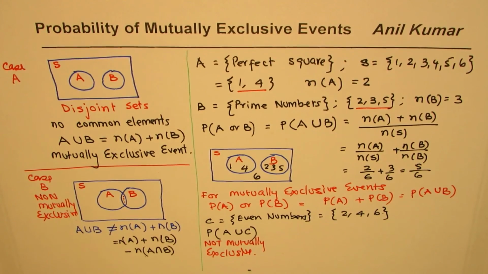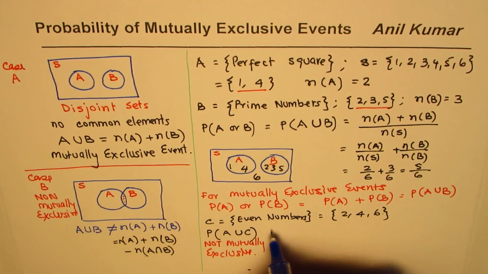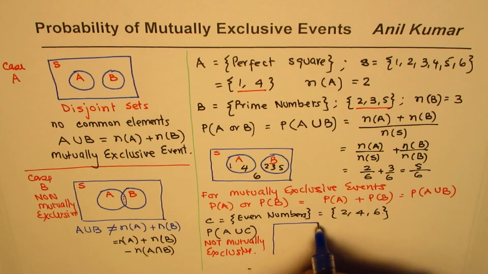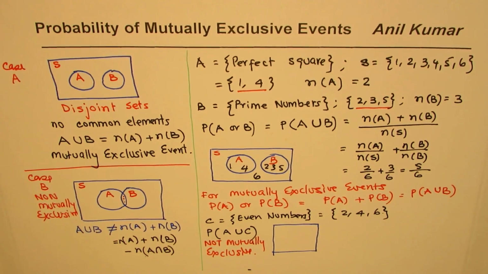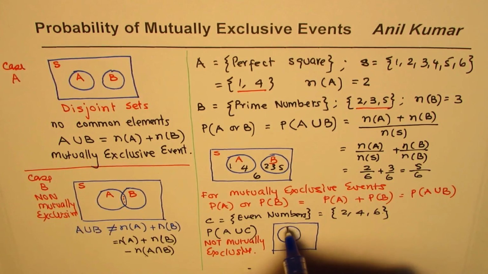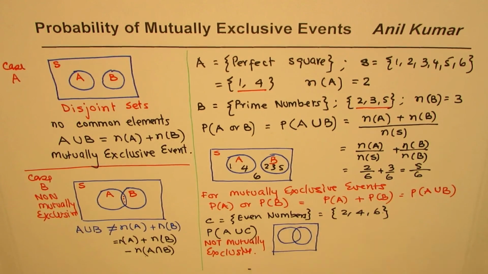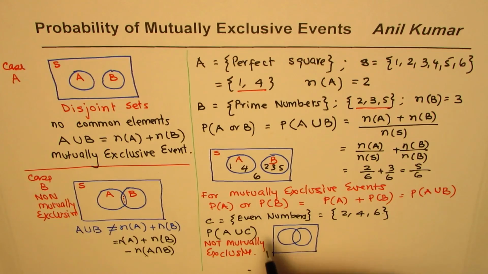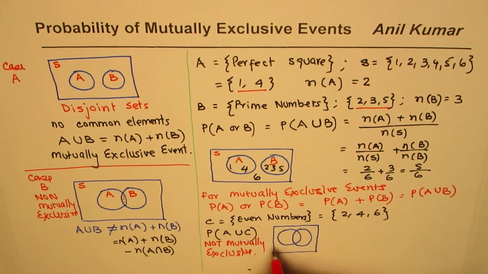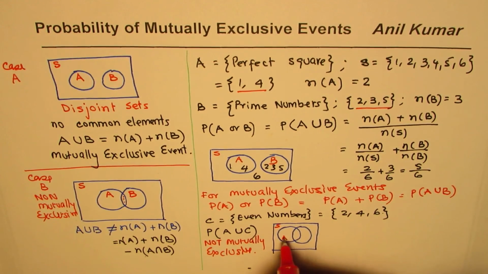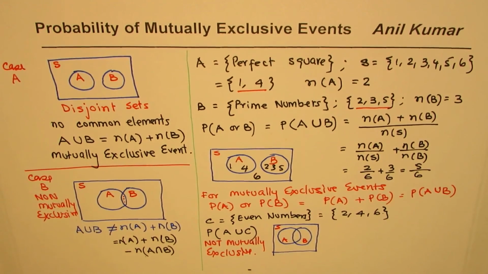You know why? Let me just get back to this example. We'll consider this example once again, but let me give you in short what is happening here. So in our sample space, we have something common. So let's say this is the sample space. This is event A, this is event C. We have something common here.